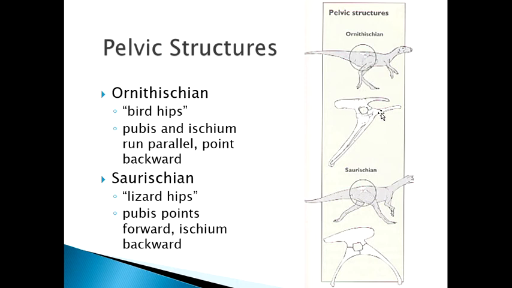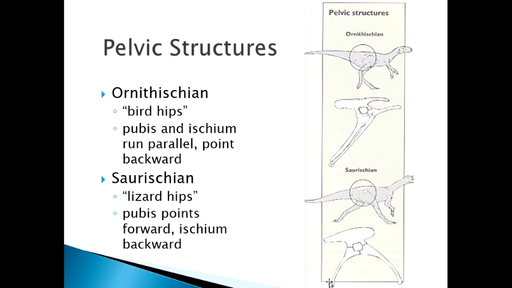Well, notice here, the pubis and the ischium are either directly parallel to one another or sometimes even fused together, and they are both directed backwards. This is how these ornithischian hips are defined. There are other dinosaurs that have what we call lizard hips or saurischian, and here you have the same large ilium at the top.